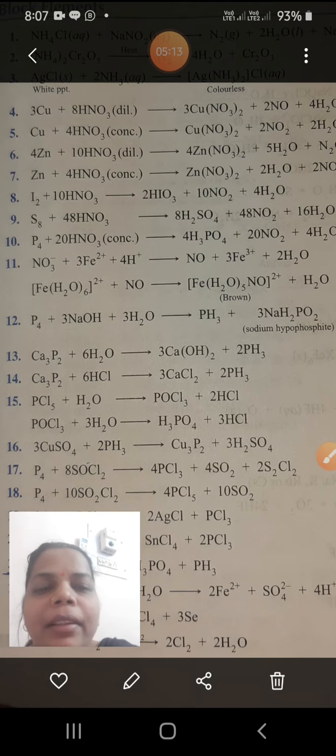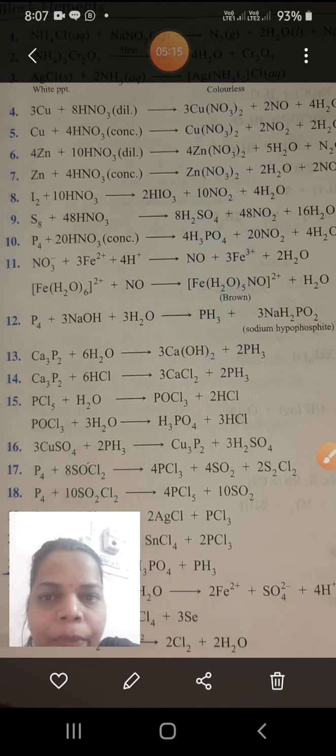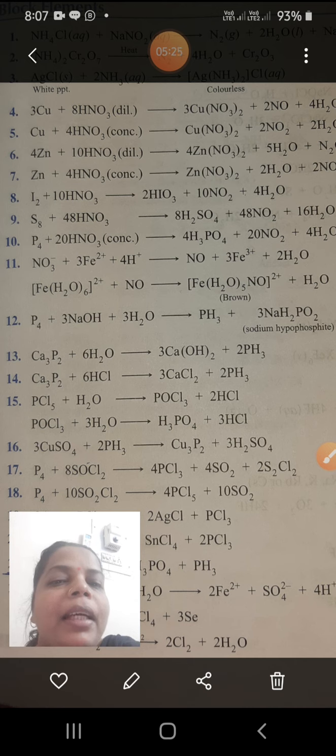The next, 11th reaction. Here it is given NO3 minus. This is nitrate ion. It is reacting with Fe2 plus ion with acid and it is forming NO plus 3Fe3 plus plus 2H2O.